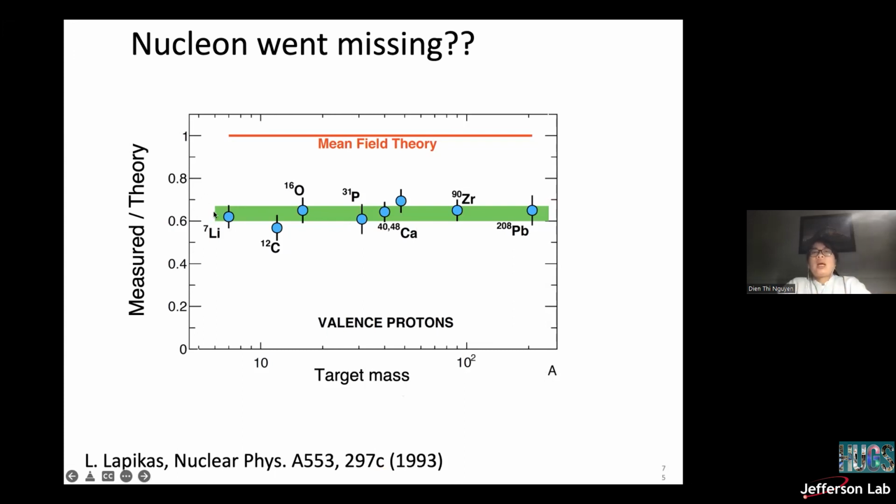All of them are at about 0.6 something. So the question is: where did the missing nucleons go? We didn't see enough nucleons occupying the shell compared to the prediction, so some assumption in the mean field doesn't describe the picture.